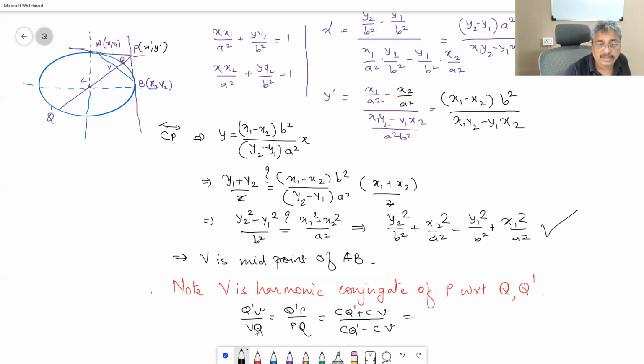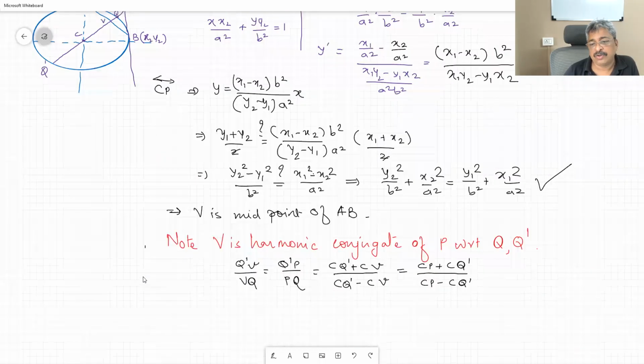CV we have replaced, Q dash V we have replaced, VQ we have replaced. Now Q dash P.